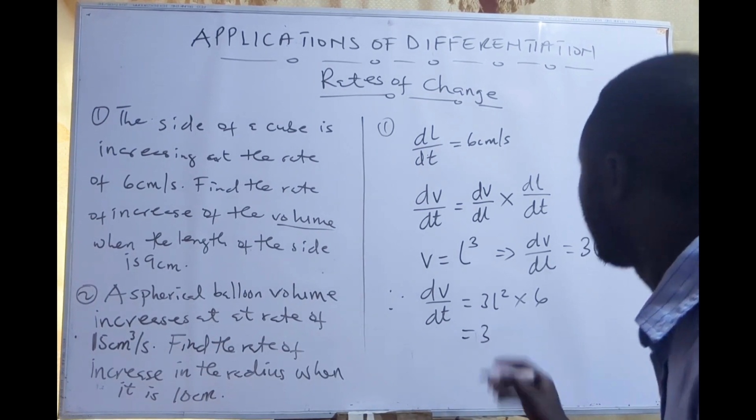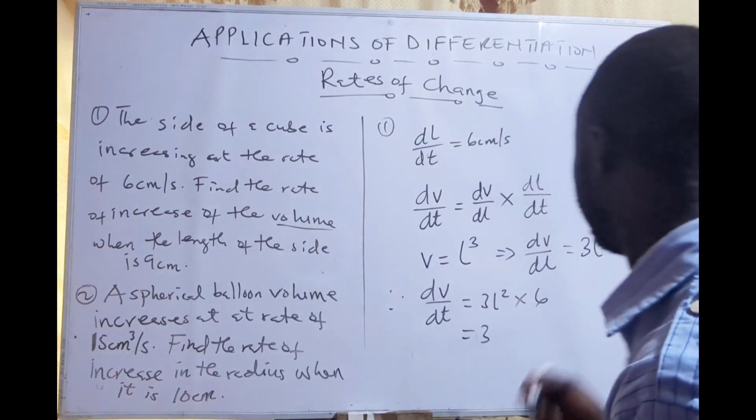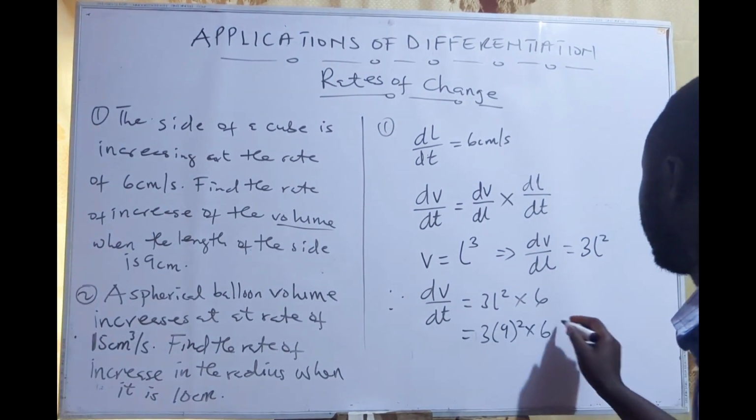We are given the length of the side as 9. So 3 times 9 squared times 6.